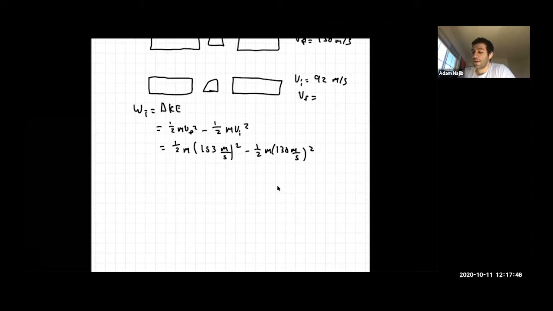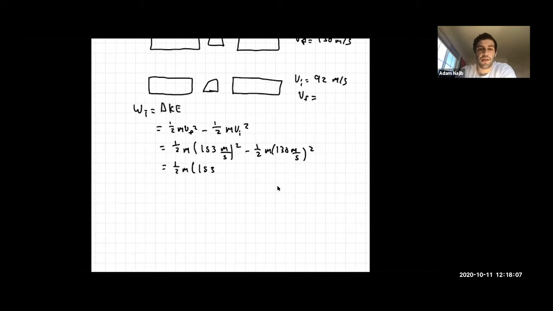But what I can do is remove 1/2 m, so I can isolate it and leave the numbers together. So I can just factor that out, and I'm going to have 153 meters per second squared.